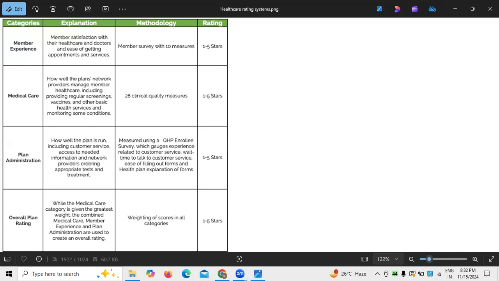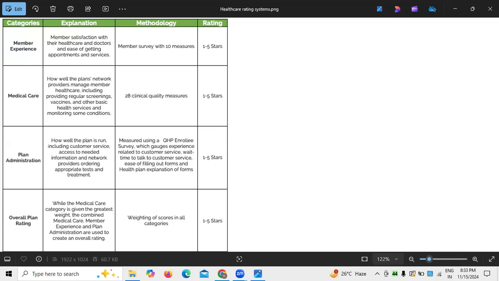What are the different methodologies we have? In reference to the methodology, it can be something like member surveys with 10 different measurements. What the different measurements are, I'm going to discuss in the next session. We can provide somewhere around 1 to 5 star ratings for that.